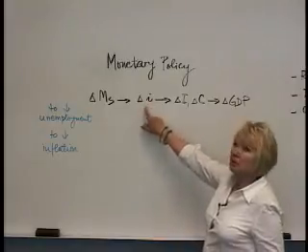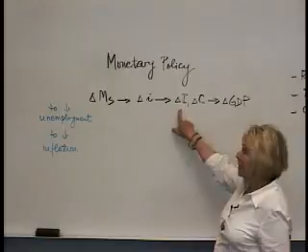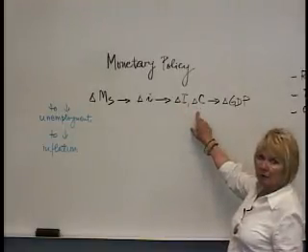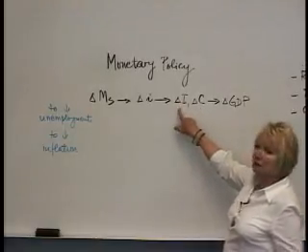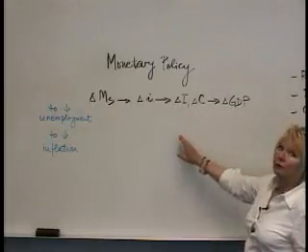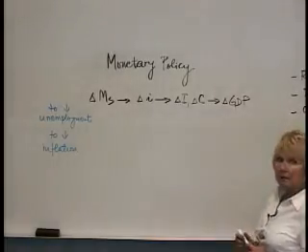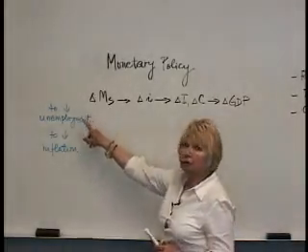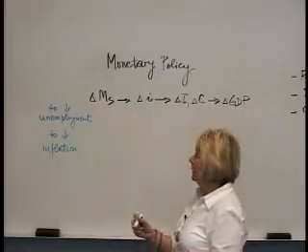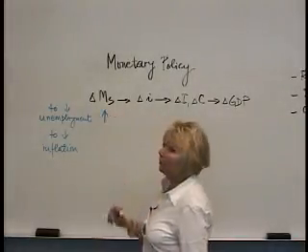And those changes in interest rates are going to influence investments as well as consumption. And when you have a change in consumption and investment, then you are going to have a multiplied change in GDP.